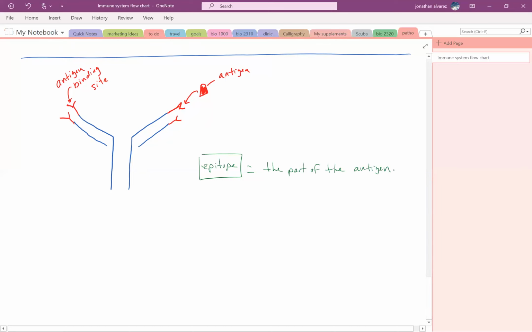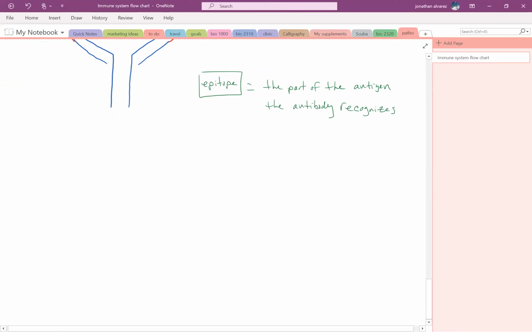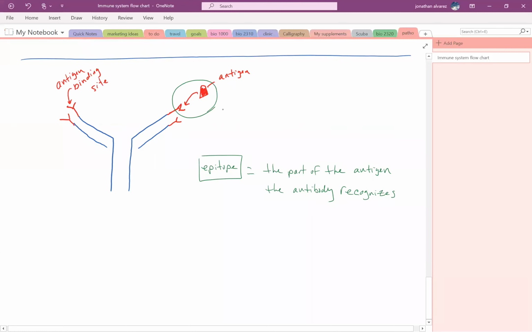All right, once they bind, it's called an induced fit.